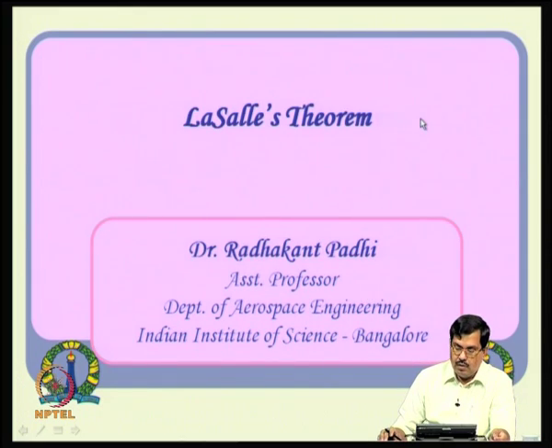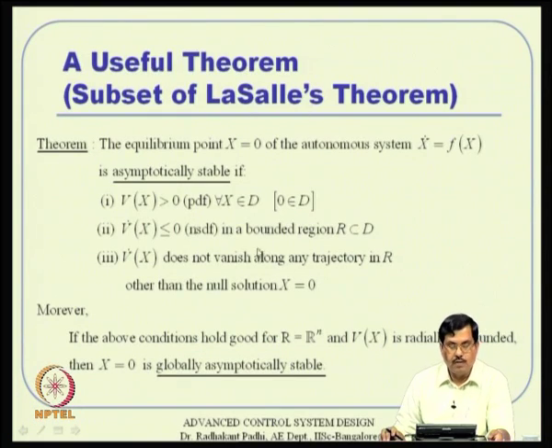Then we also studied LaSalle's theorem, that is what we ultimately led towards. And before studying LaSalle's theorem in full, we actually studied a subset of this theorem, which told us that even if V dot happens to be negative semi definite in a bounded region R, of course, the region needs to be bounded, which needs to be a subset of D also, and V dot equal to 0 happens only at the equilibrium point, nowhere else in that particular region R. What it means is V dot of x does not vanish along any other trajectory in R other than the null solution x equal to 0.